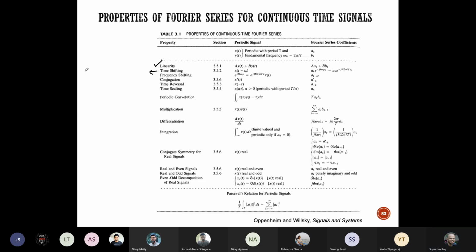So this is a_k is 1 over T, integral from 0 to T, of x(t) e to the power minus j k omega naught t.